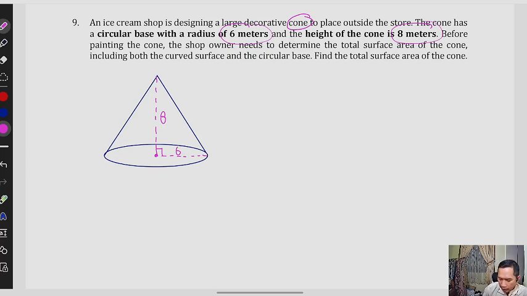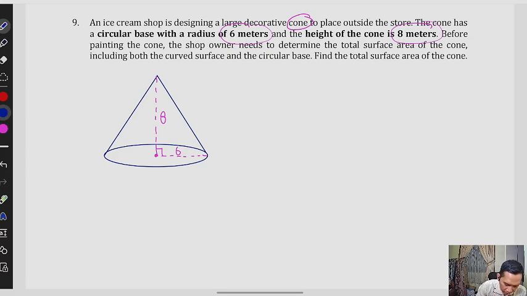Before painting the cone, the shop's owner needs to determine the total surface area of the cone, including both the curved surface and the circular base. Find the total surface area of the cone. Simple. We need to find the area of the base, which is a circle, pi r squared, and the curved surface area, which is pi r s.